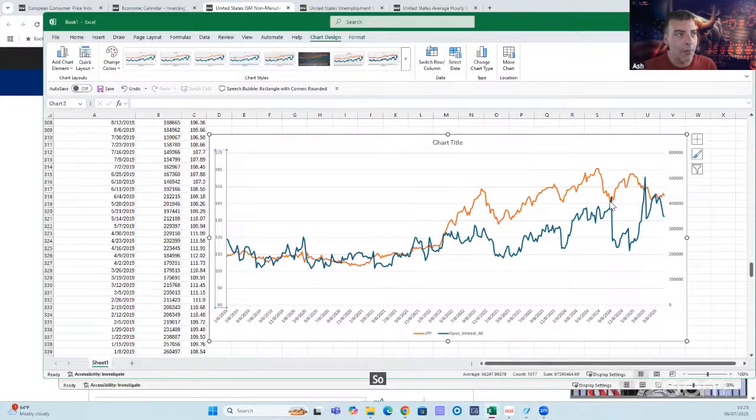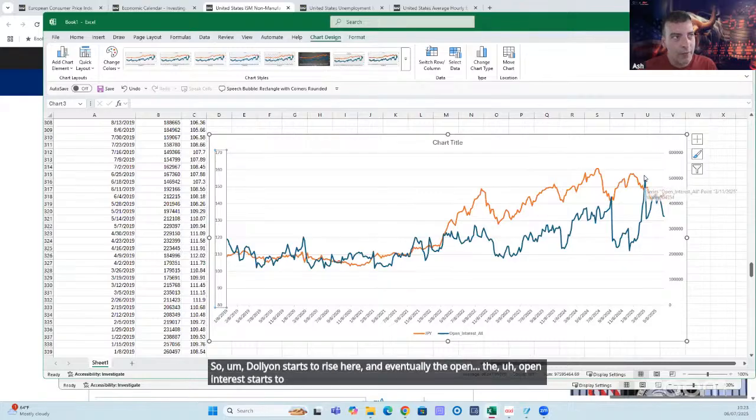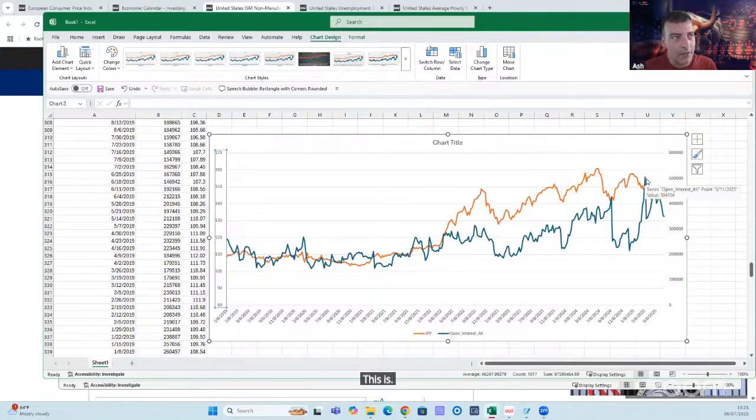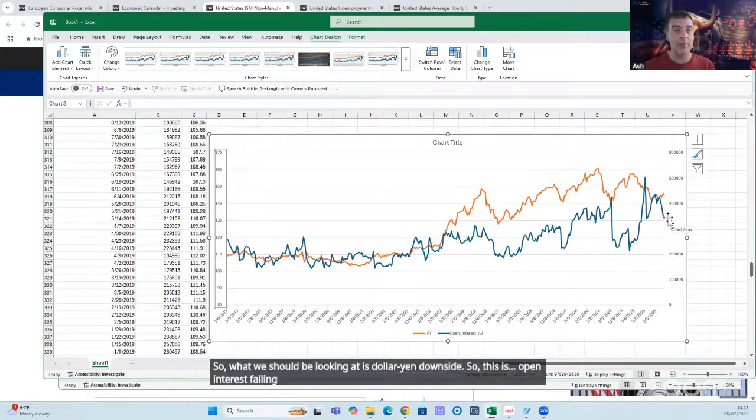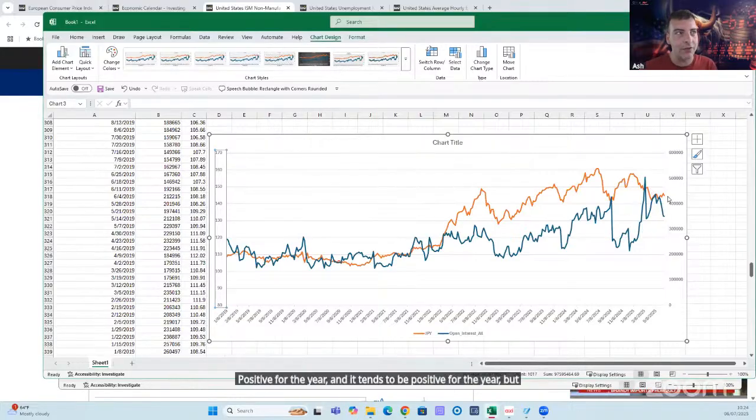So dollar yen starts to rise here, and eventually the open interest starts to rise, but this is starting to fall again now. So what we should be looking at is dollar yen downside. Open interest falling tends to be positive for the yen, but negative for the dollar yen.